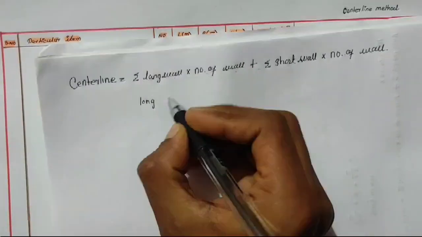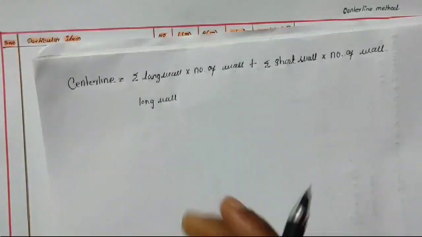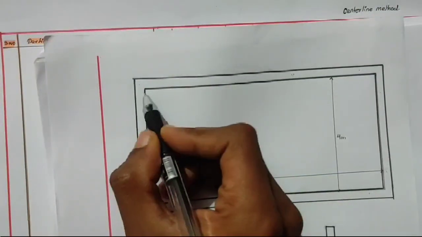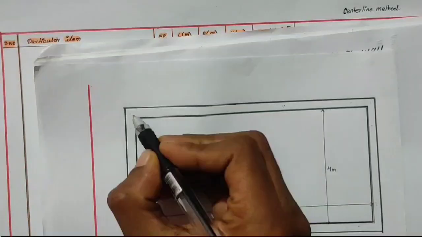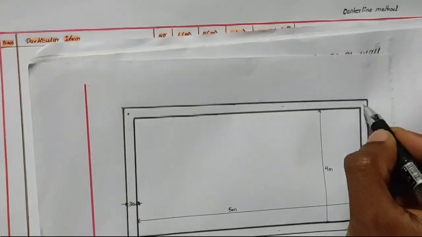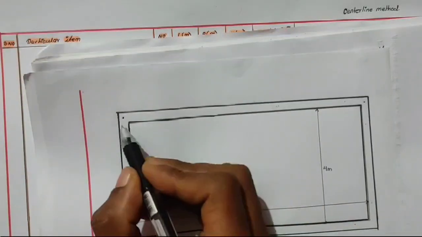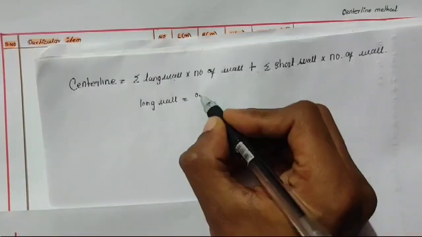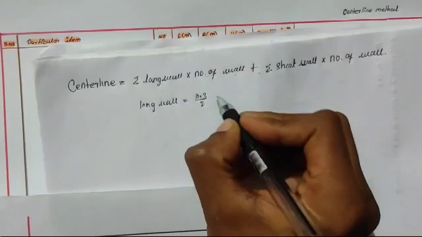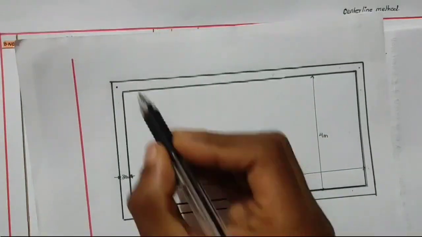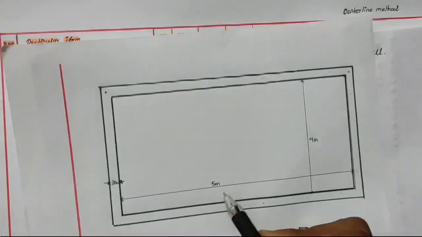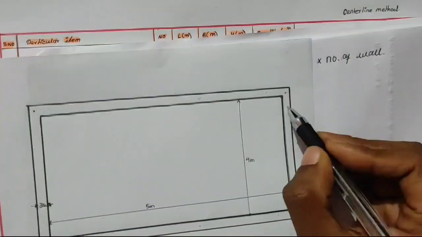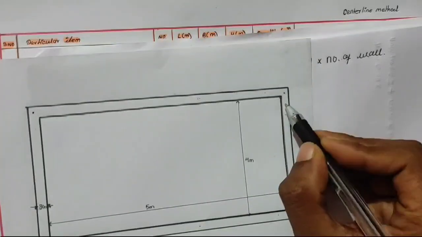So long wall distance we will calculate. First the center line of this wall. For the long wall we need to take from here till here the total distance. As we know this wall is 30 centimeters, which is equal to 0.3 meters. So 0.3 divided by 2 plus the distance here till here is 5 meter, so plus 5 meter, and similarly the wall thickness is 0.3 meter, so we need to take center.